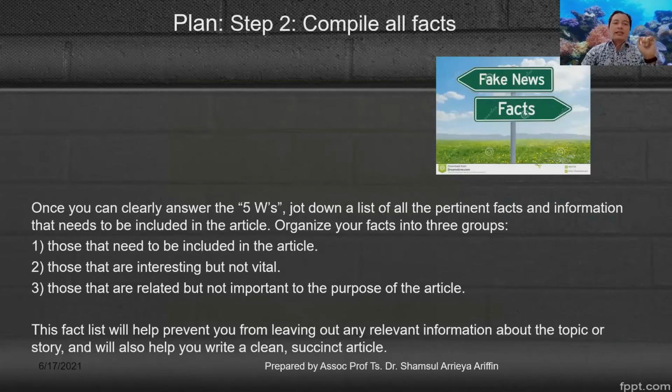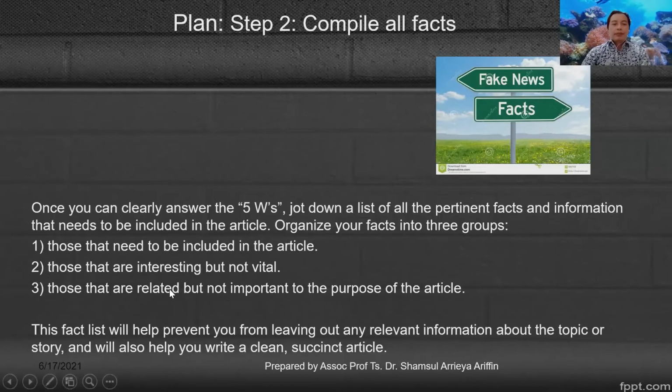Once you can clearly answer the 5 W's, jot down a list of all pertinent facts and information that need to be included in the article. Organize your facts into 3 groups, right? Those that need to be included in the article, those that are interesting but not vital, less important, and those that are related but not important to the purpose of the article.